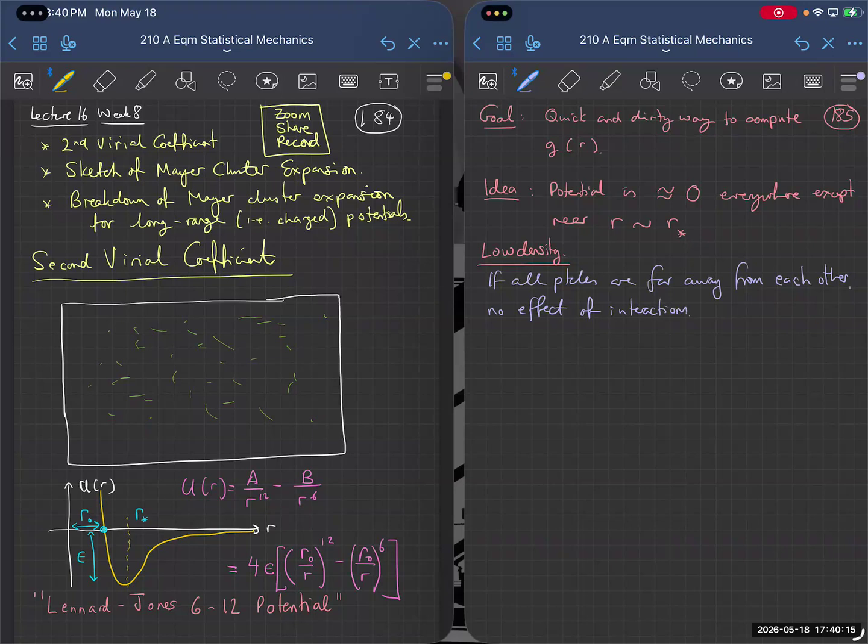So what that means is that if we're going to have interactions, the only terms that are going to matter, you're going to have particles 1 and 2 be close, i.e., roughly speaking, R is of order R star.